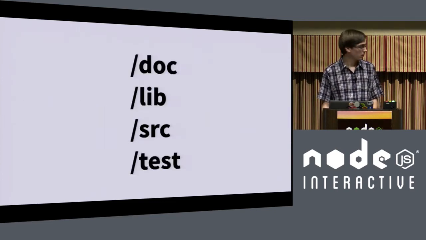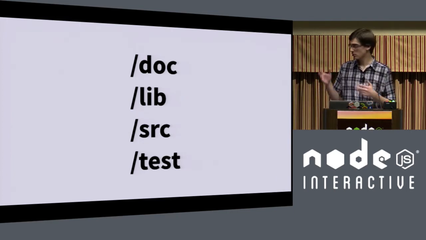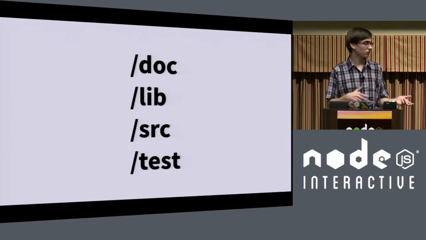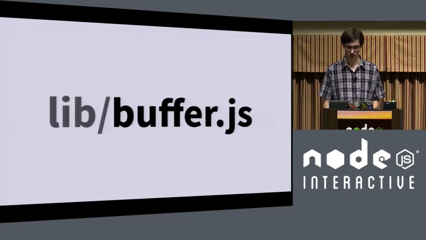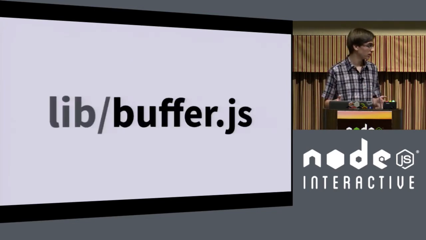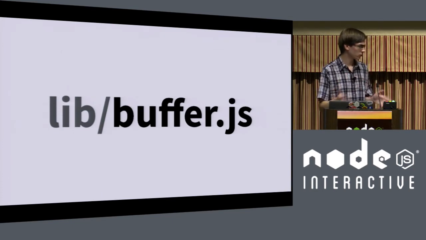So if we look into our important folders, a good bet is that it's going to be in lib, because Node.js is mostly JavaScript, and most of the JavaScript lives in lib. If we look in there, we will find a file called buffer.js. And that's where most of the buffer code lives.